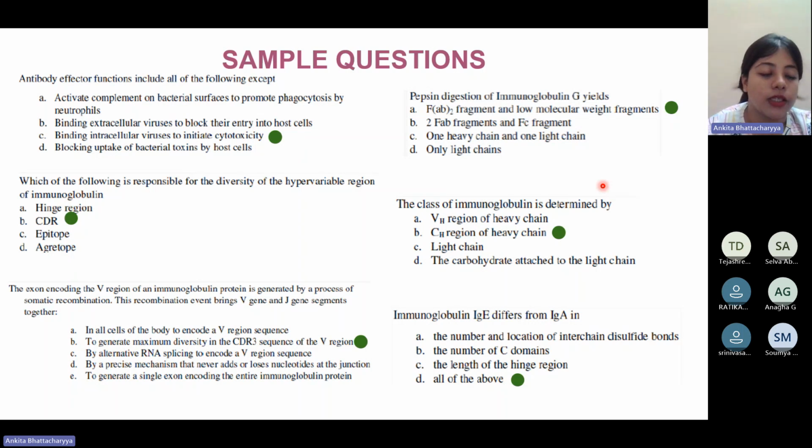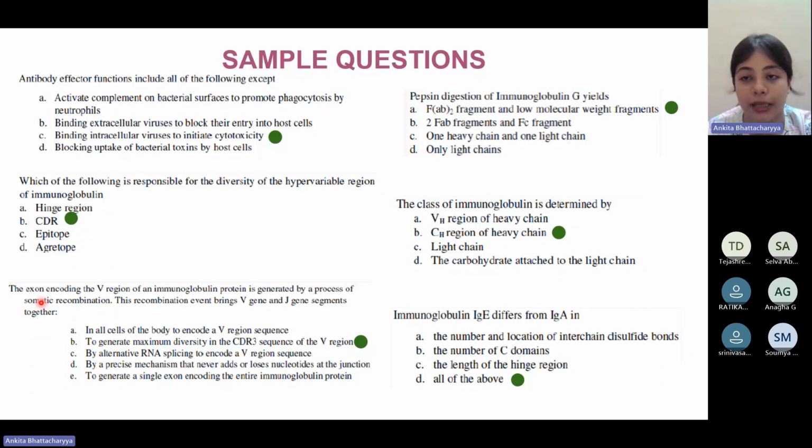The third question is about the exon encoding the V region of an immunoglobulin protein, which is generated by a process of somatic recombination. This recombination event brings V and J segments together, where A, in all cells of the body to encode a V region sequence, no, to generate maximum diversity in the CDR3 sequence of the V region.